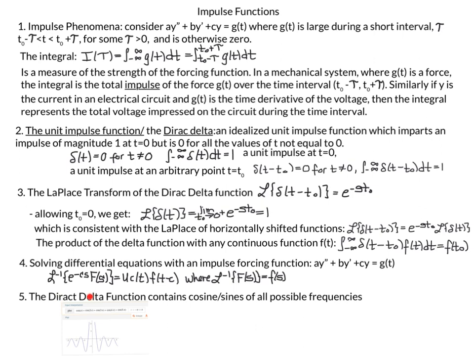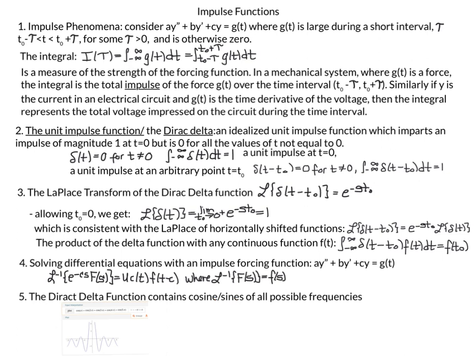Finally, I talked about the Dirac delta function and the fact that it contains, or is composed of, sines and cosines of all possible frequencies, and I gave you an idea of why that was true and also why it's important, essentially because any function can be written as a series of sines and cosines. You just have different coefficients in front of each sine and cosine of different frequencies.